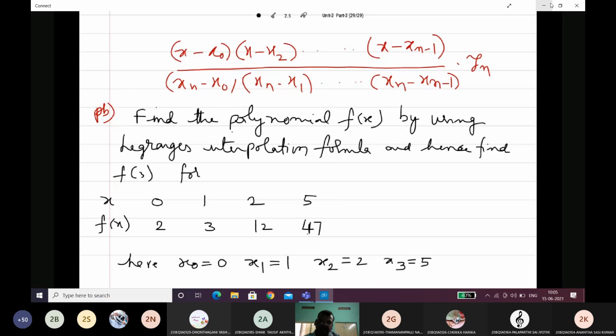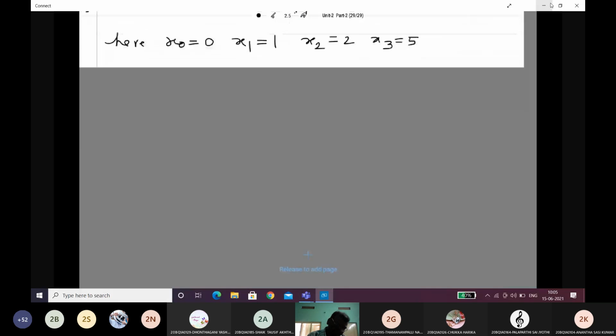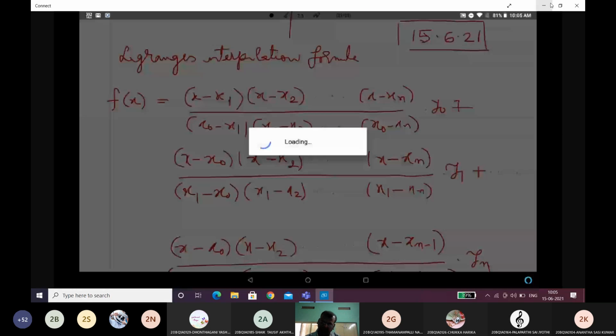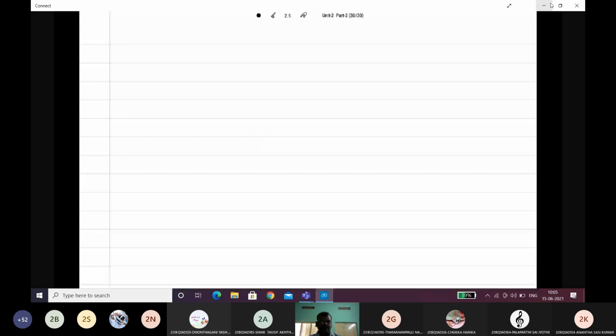Similarly, corresponding y values: y naught 2, y1 3, y2 12, y3 47. Now here the number of observations is 4. Therefore, we get a polynomial of the form cubic polynomial. When observations are 4, which polynomial do we get? Cubic polynomial.